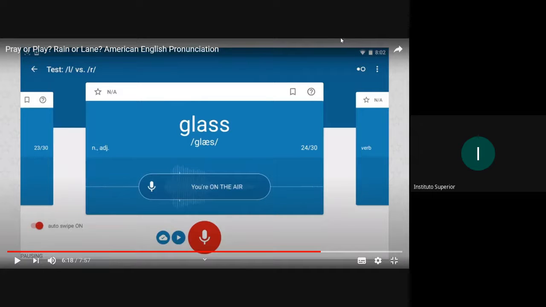Okay, let's go back. Okay, opinions about this video. There is a clear distinction between two words. There is a contrast, and we can see the difference when we put the different pairs of words with R and L. We find the difference, and it's useful, this quiz.